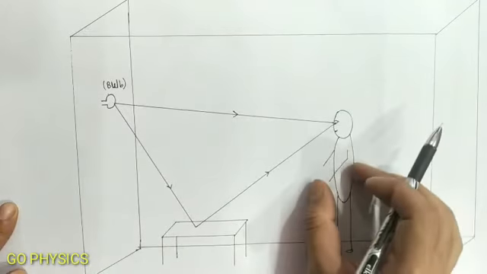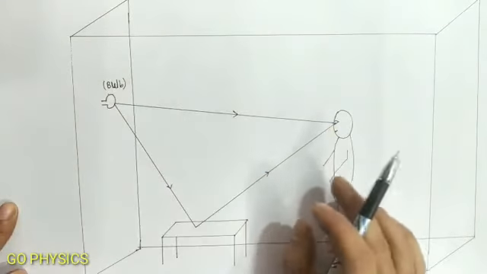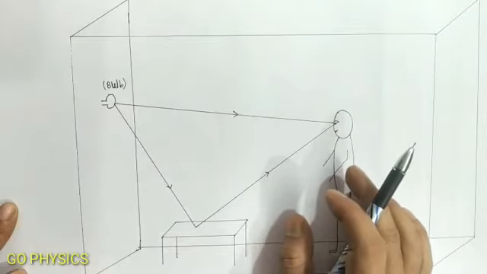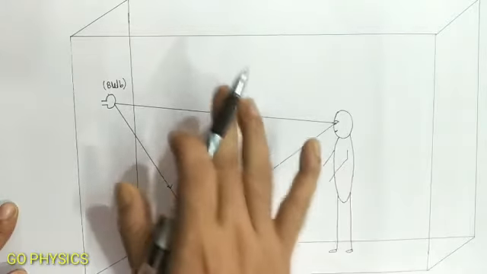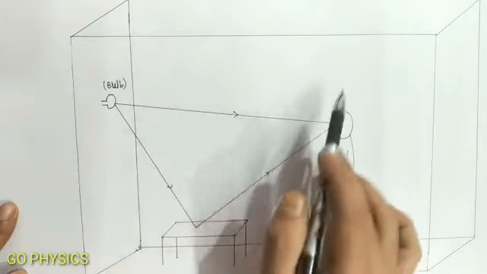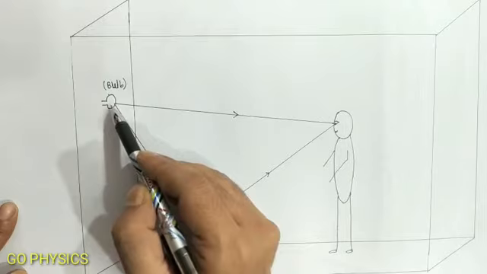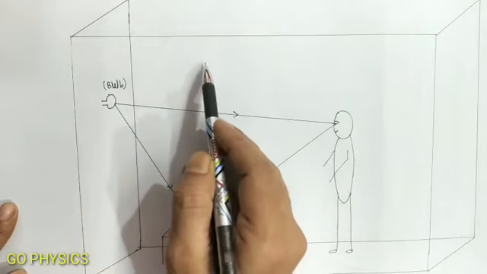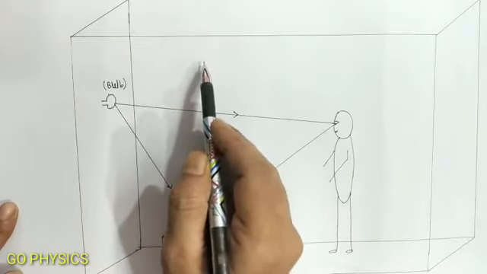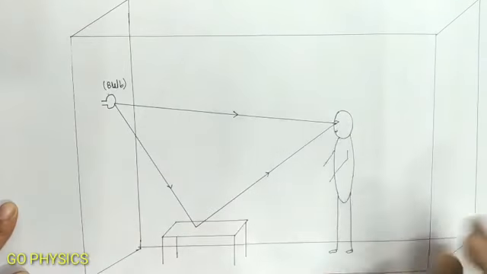This man can also see all the walls present inside the room. If I consider this wall, this person can see this wall. Why? Because light from the bulb is striking the wall and after reflection it is falling in the eye of this person.